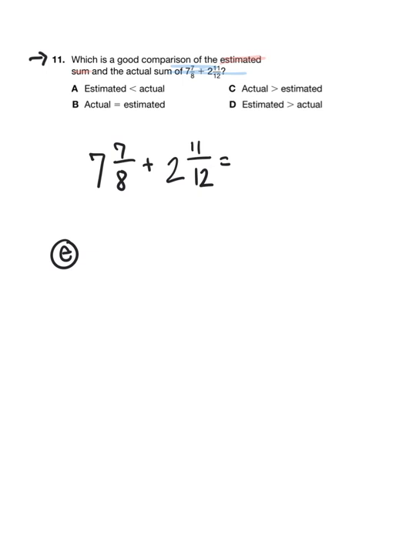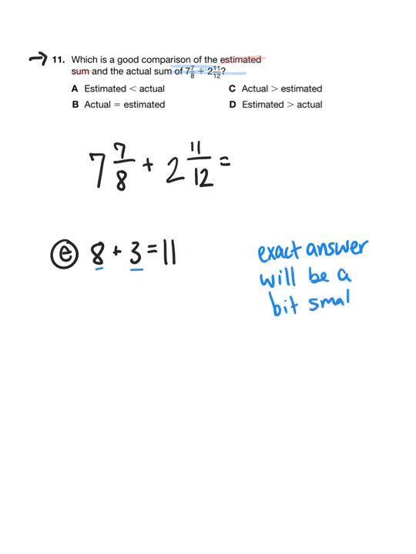You could round 7 7/8 to 8 and 2 11/12 to 3, and that would give you 11. And then when you add the exact answer, let me do that in a different color. Let's see, I rounded up. When you round up, that means that these numbers are bigger than what the exact answer will be. So the exact answer will be a bit smaller.